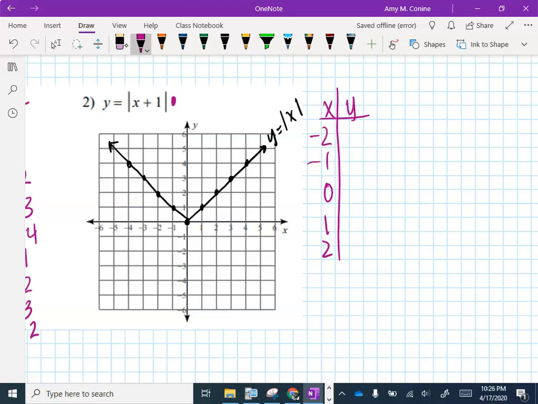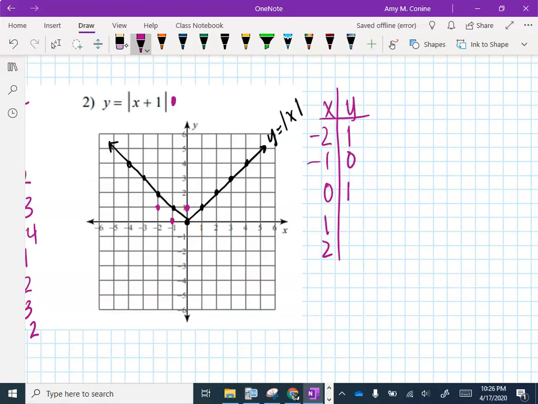Okay, so if I plug in -2, -2 plus 1 is -1. That changes to a positive. So -2, positive 1. Negative 1 plus 1 is just 0. That's kind of nice. 0 plus 1 is 1. So when x is 0, we get 1.